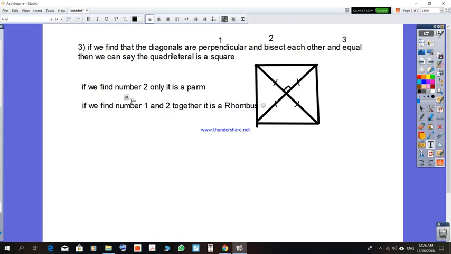It is a rhombus, not a square. If I find that the diagonals are perpendicular and bisect each other, that means the quadrilateral is a rhombus.